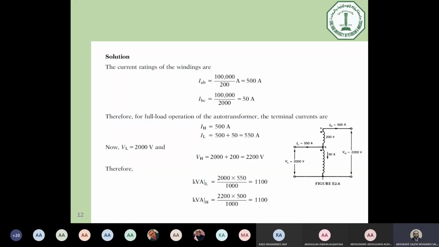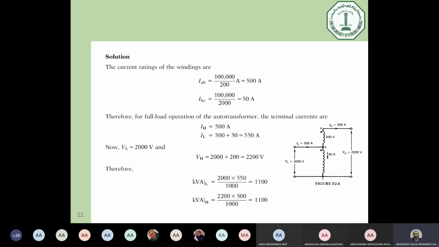Instead of 100 kVA, it's now 1100. If you calculate also from the other side, the low side, 2000 multiplied by 550 amps, it will give you the same amount of kVA. So the conclusion now: if you use the two winding transformer as an auto transformer, you can increase the overall power.